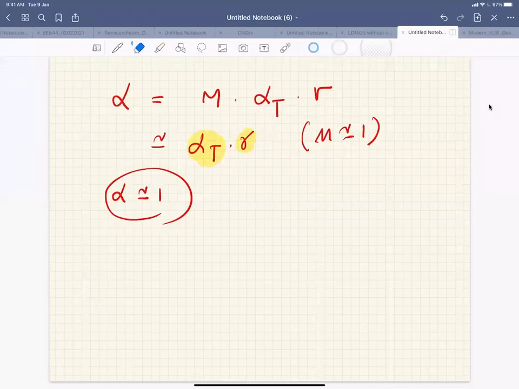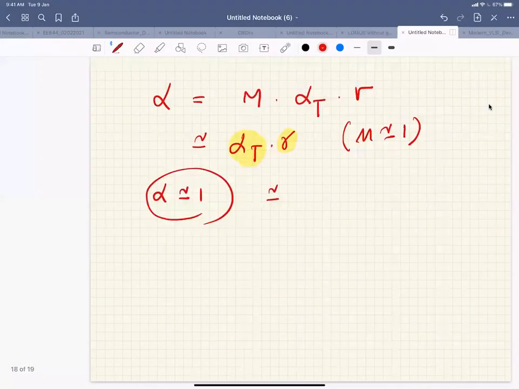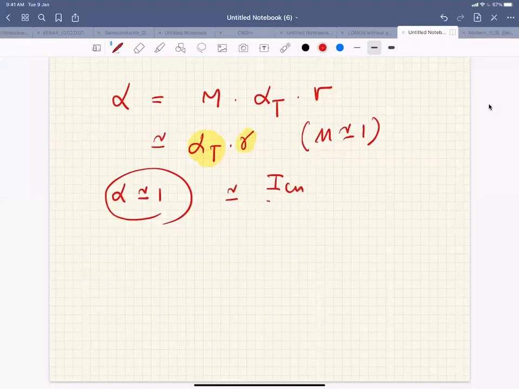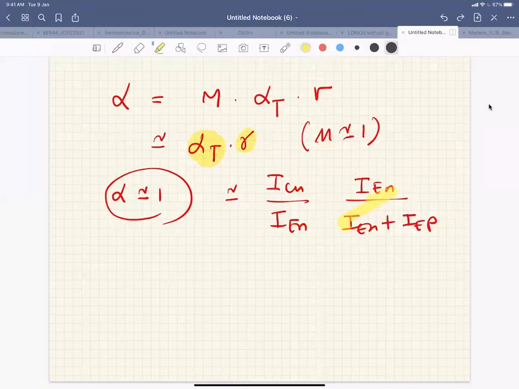So alpha t is ICN by IEN, and gamma is IN by IN plus IP. Let's say I want to improve this IN by IN plus IP. What I have to do is make sure that this IP component is very low, then IN by IN plus IP could be improved.